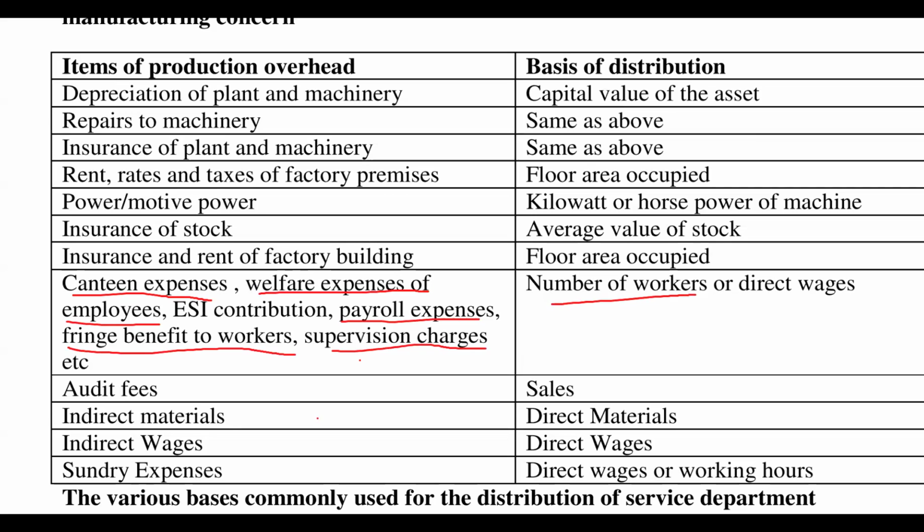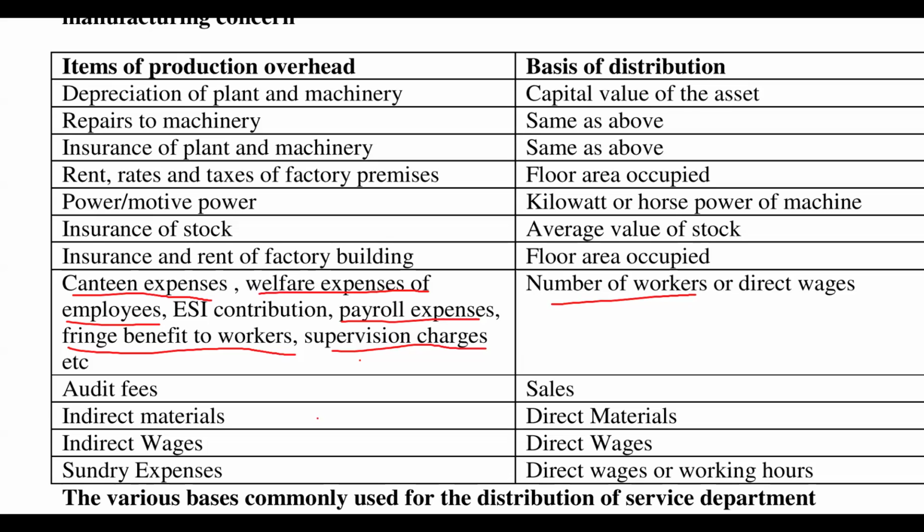For direct wages as well, you can use direct wages, of course, if, for example, you're paying salaries of those people who are directly involved in the work. But the number of workers is most appropriate, for example, for canteen services, because the canteens are there to serve everyone in the business.